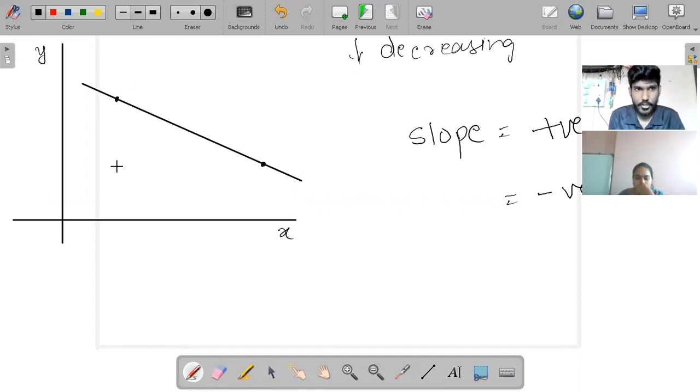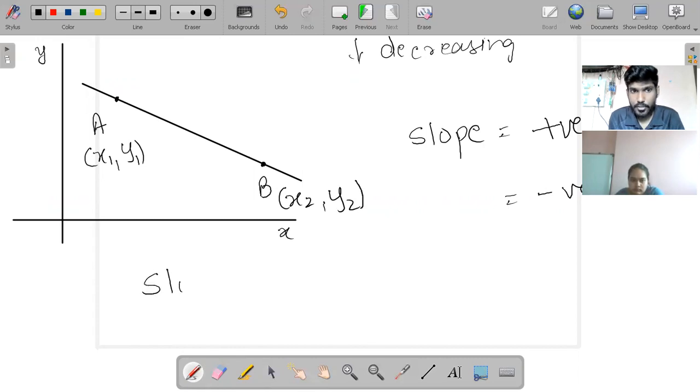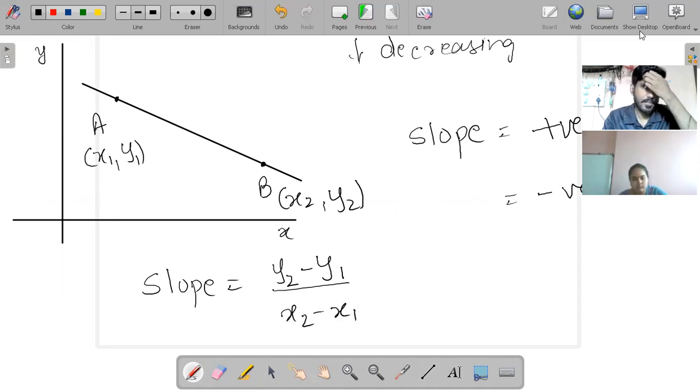I'll name them point A and point B. Suppose point A has coordinates x1, y1, and point B has coordinates x2, y2. Then the formula for slope is the ratio of y2 minus y1 divided by x2 minus x1. This will give you the slope.